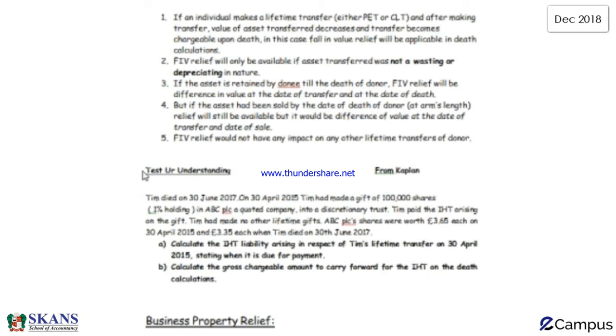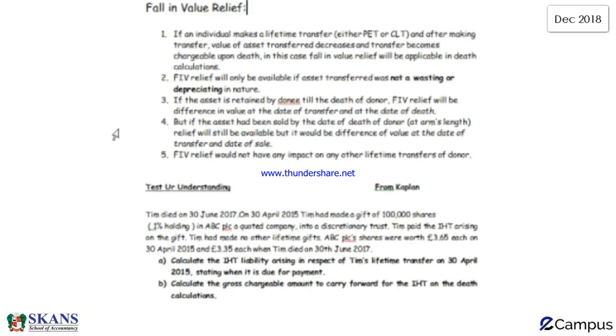Now, we should consider some reliefs applicable on these transfers other than the ones which we discussed already. One of the reliefs which we can discuss right now, as we are done with the lifetime calculation as well as the death calculations, is fall in value relief. Fall in value relief is only applicable in death calculations for those transfers.